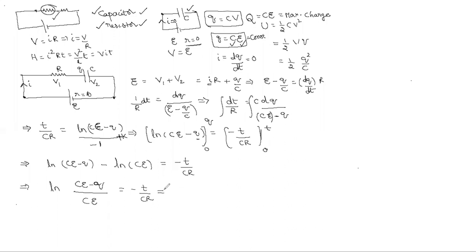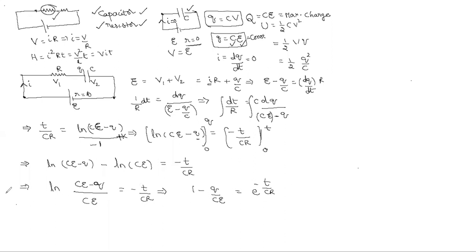Am I right? Yes, sir. That implies, can I write this as (CE minus q) by CE is equal to e power minus t by CR? This log is to base e.